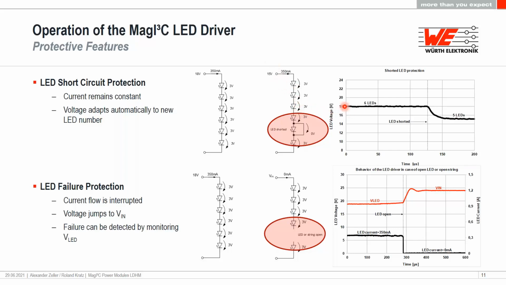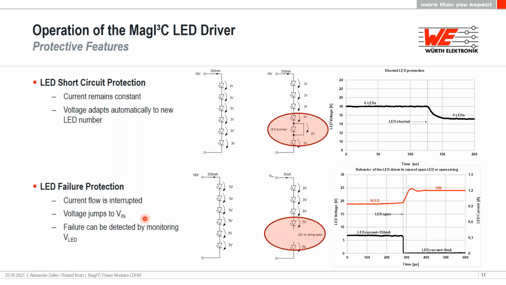And you see here a measurement starting with 18 volts overall, the sum of all forward voltages of 6 LEDs. At this point, one LED has a short circuit, and immediately the voltage across all LEDs is reduced to 15 volt, which is 5 times 3 volt.